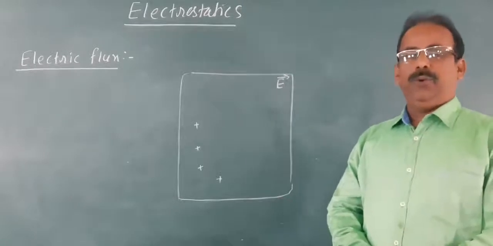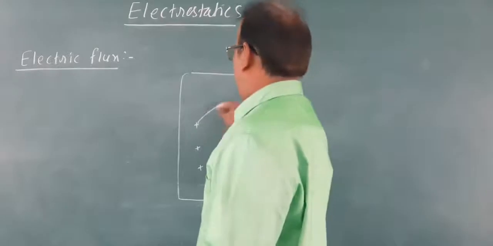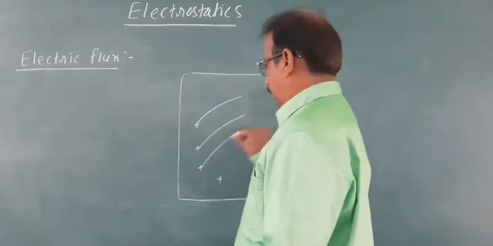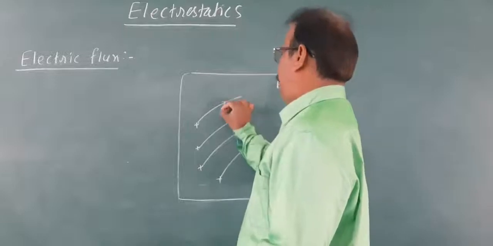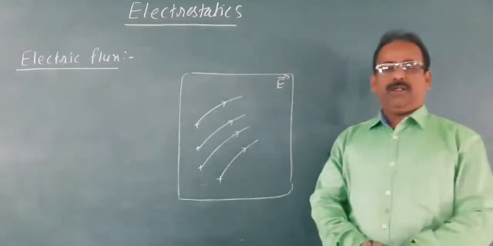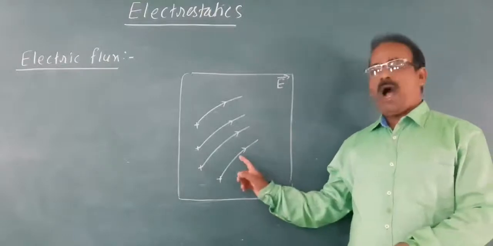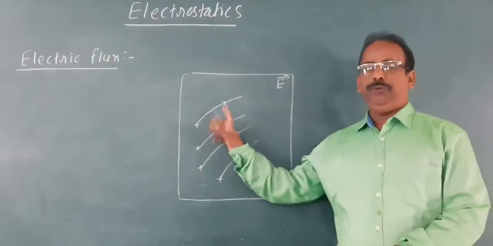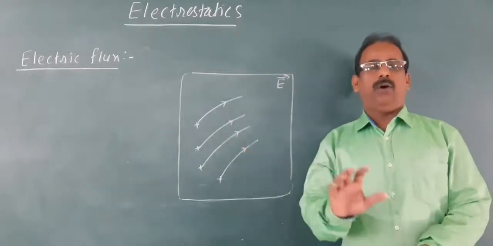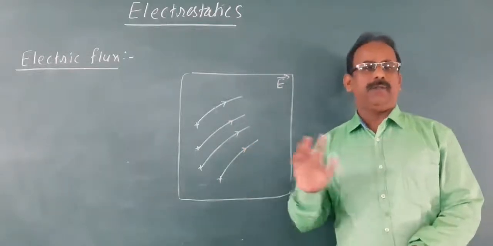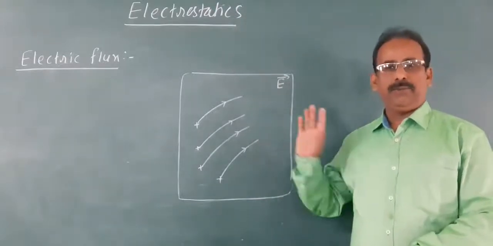Due to this force, this unit positive charge will move in this electric field along some path. This path traced by unit positive charge in an electric field is called electric line of force. These are the electric lines of forces.